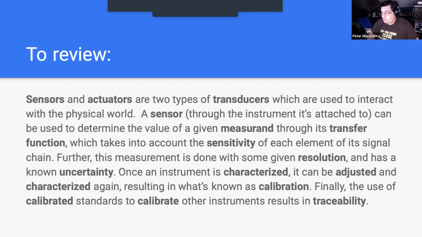A sensor, through an instrument that it's attached to, can be used to determine the value of a given measurand through its transfer function, which takes into account the sensitivity of each element of its signal chain. Further, this measurement is done with some given resolution and has a known uncertainty. Once an instrument is characterized, it can be adjusted and characterized again, resulting in what's known as calibration. Finally, the use of calibrated standards to calibrate other instruments results in traceability.